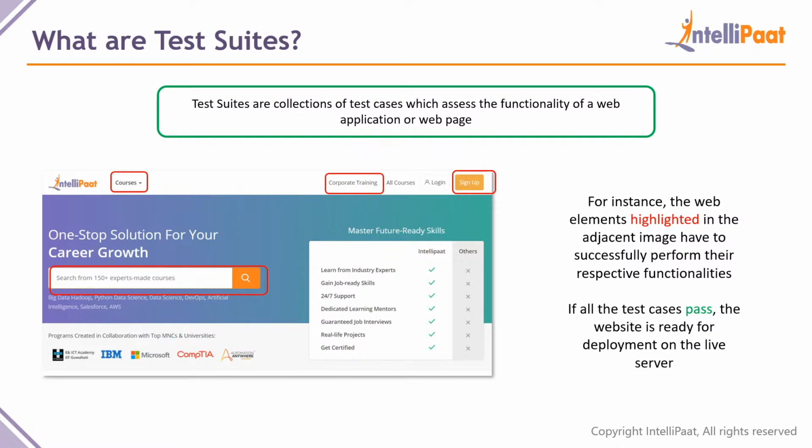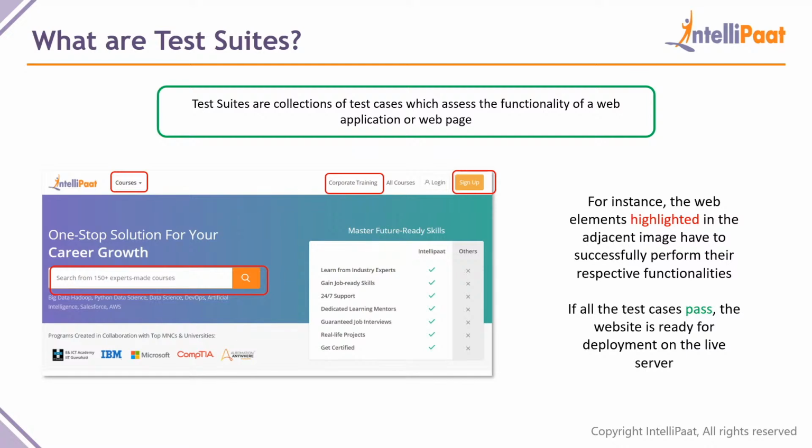To test whether all of these features are working, we create a combination of the test cases of all of these elements, and then we run all of them together and we see how many of them pass. While in the development phase, once we've created our prototype or our website, what we do before actually deploying it on the live server is we run these test cases.